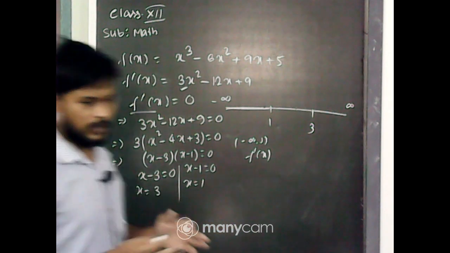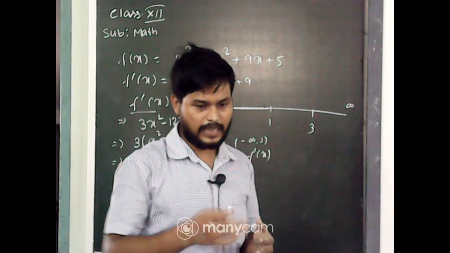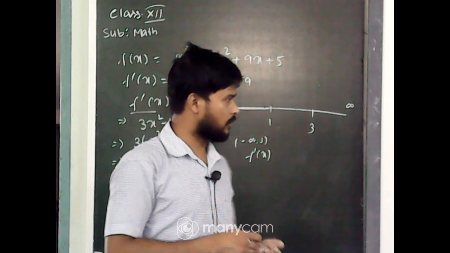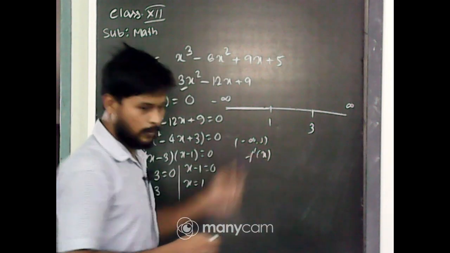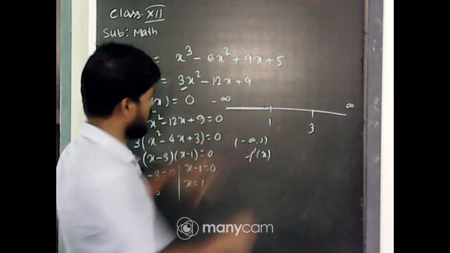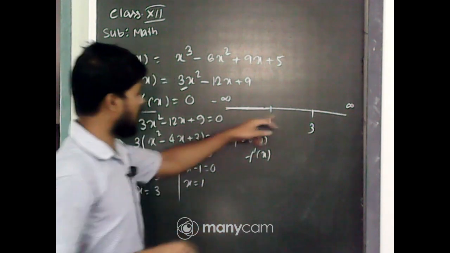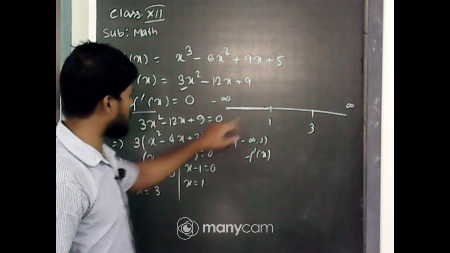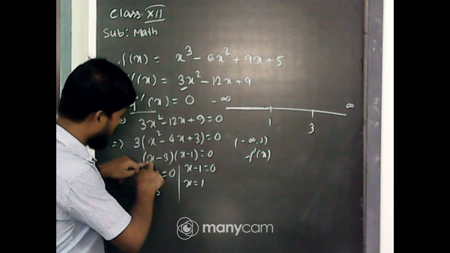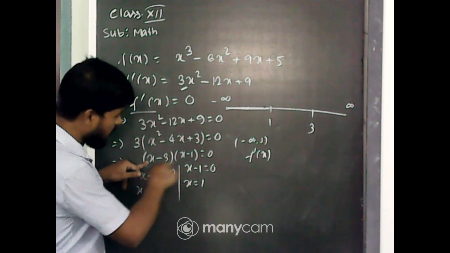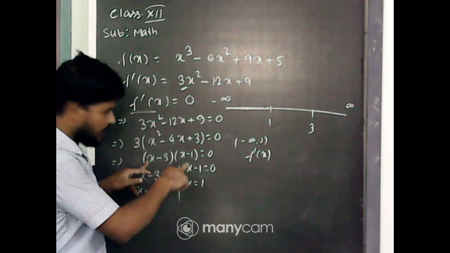In the previous class, when we were doing increasing and decreasing functions, we did this type of problem. In that case we take points lying in this interval. For example, if I take −5 here, it will be −5 − 3, that is −8, and −5 − 1, that is −6.